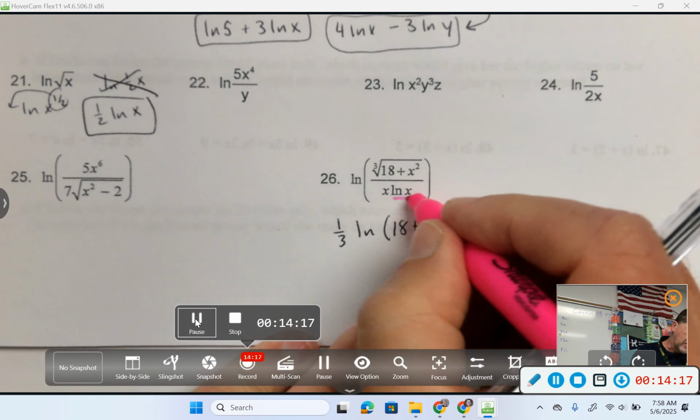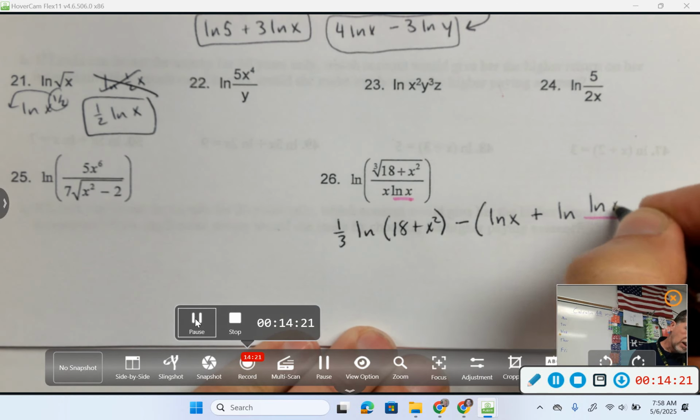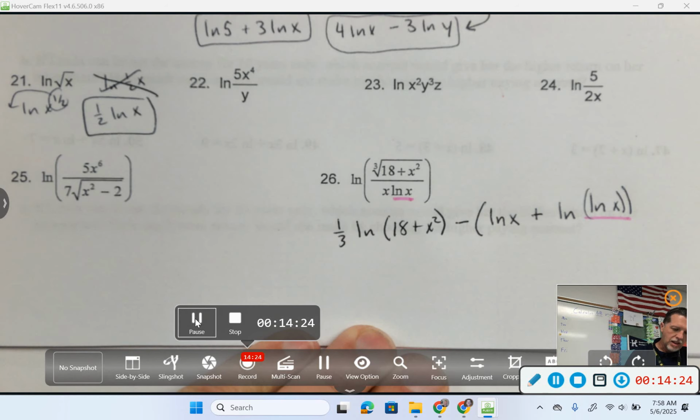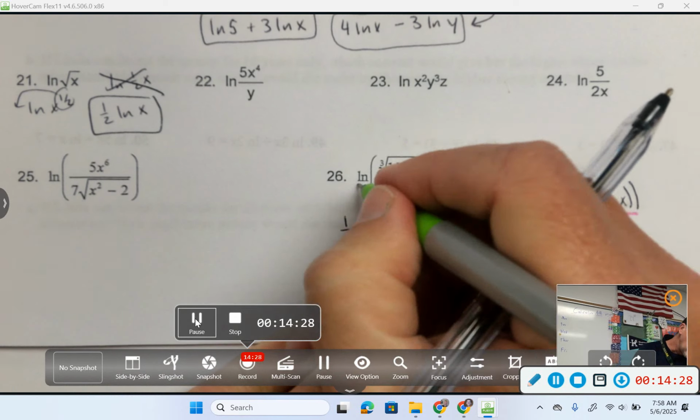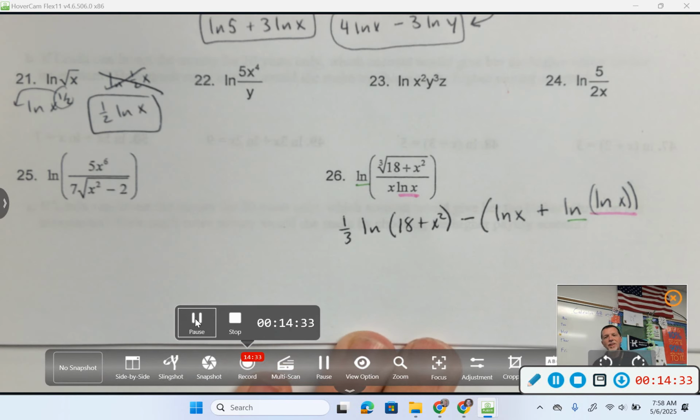I don't know how to clarify which natural log is what, but the natural log of the natural log, to indicate where those pieces came from. That's weird, the natural log of the natural log of x, but that's correct. And you could distribute the minus sign, or you could leave it in parentheses, either way. Questions on any of the others through 26?